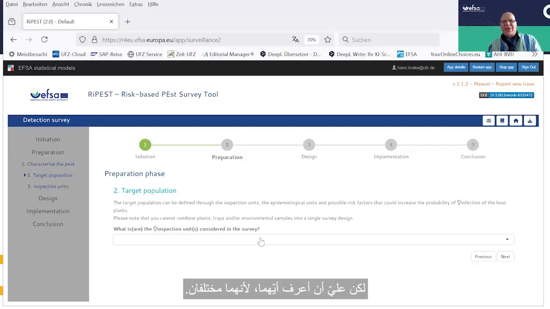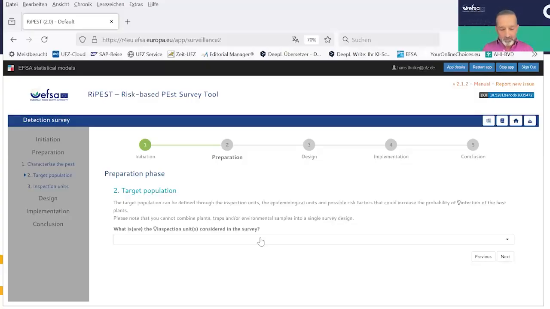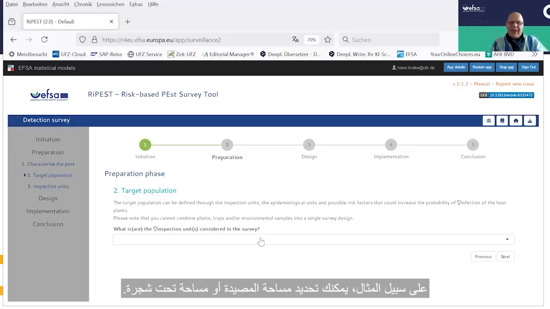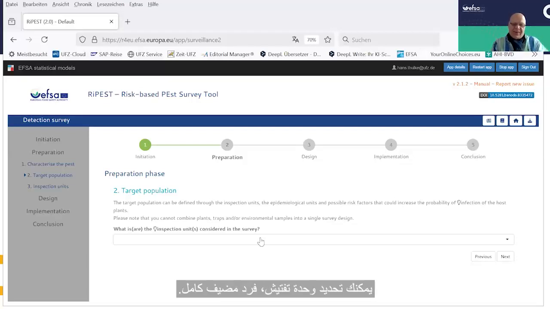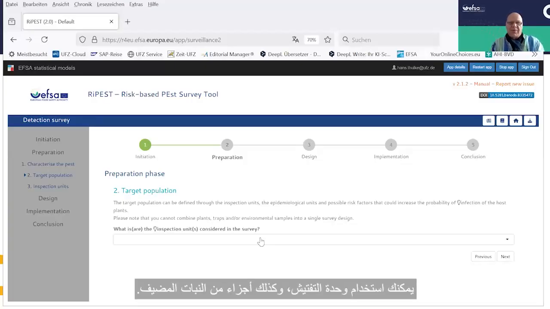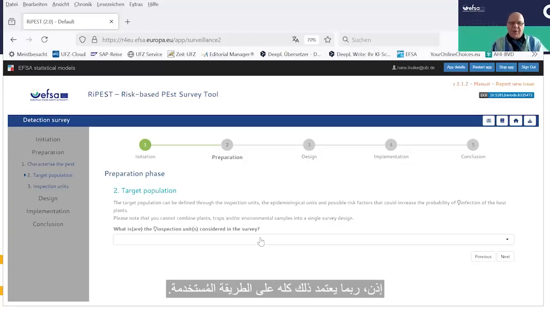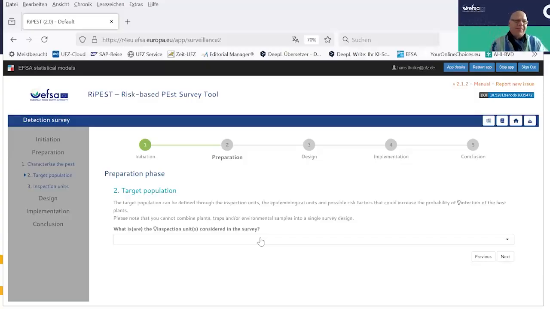But I have to know which, because they are different. For instance, you can have the area of a trap or the area under a tree. You can have as inspection unit a complete host individual. You can have as inspection unit also parts of the host plant. So those probably all depend on the method that you are applying.